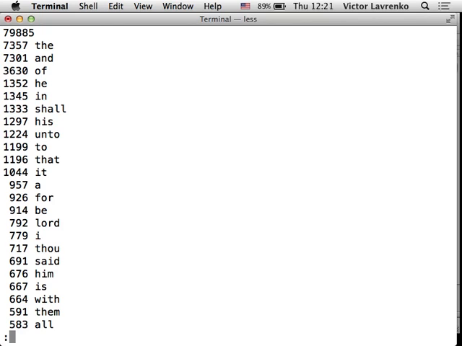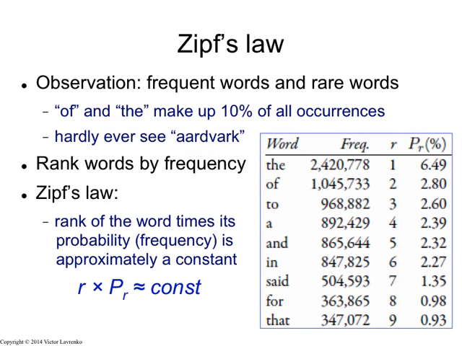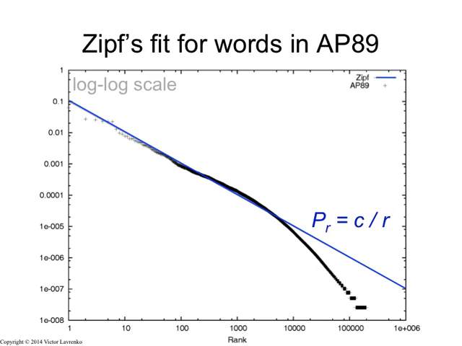Any collection of English text that you take, if you do the same procedure, you're going to see the same picture: rank times the frequency gives you approximately the same number for lots and lots of different words.